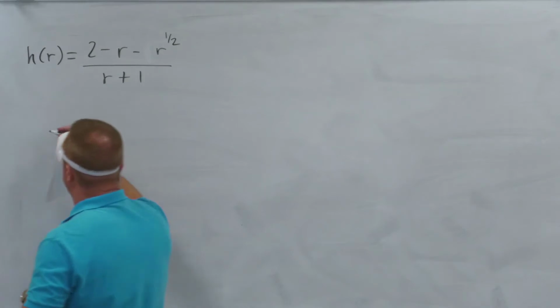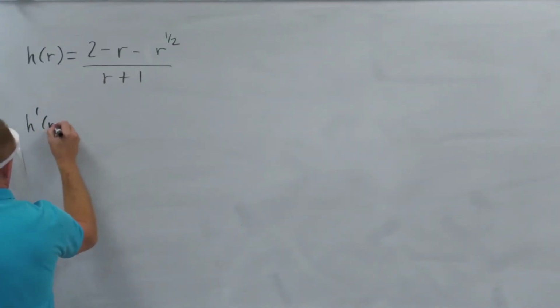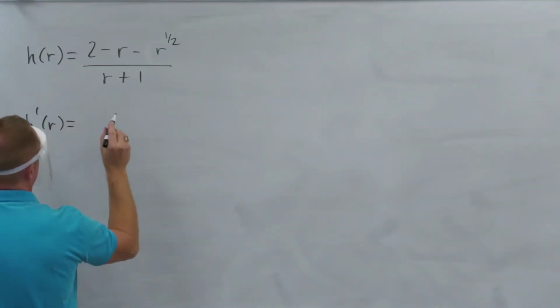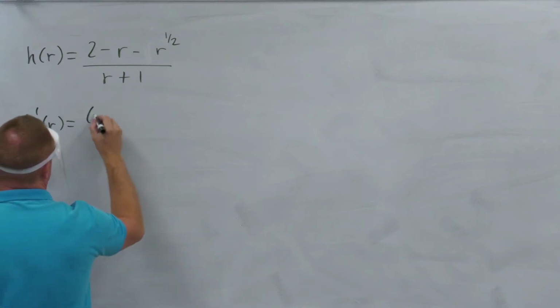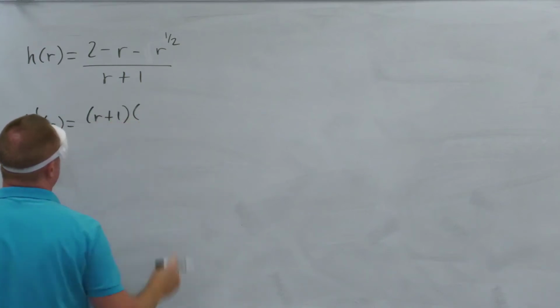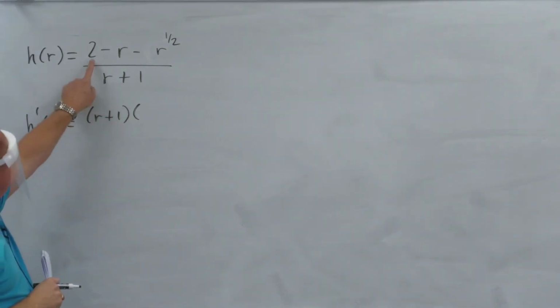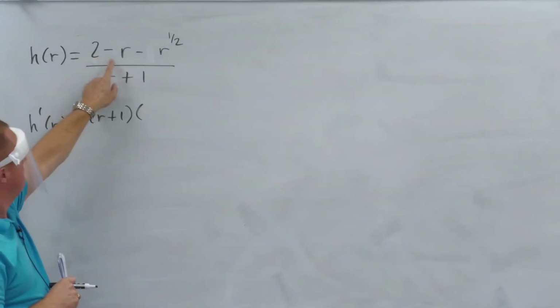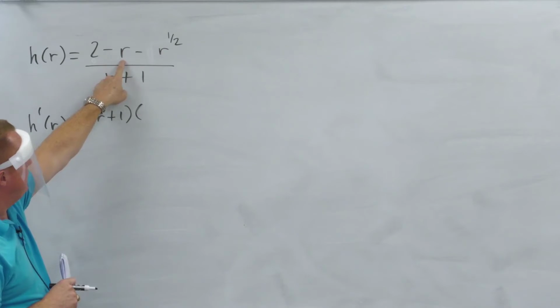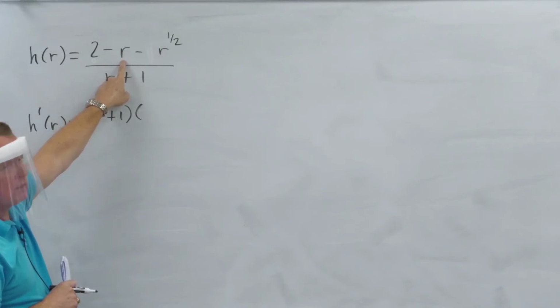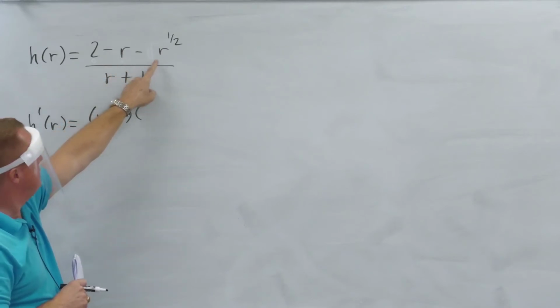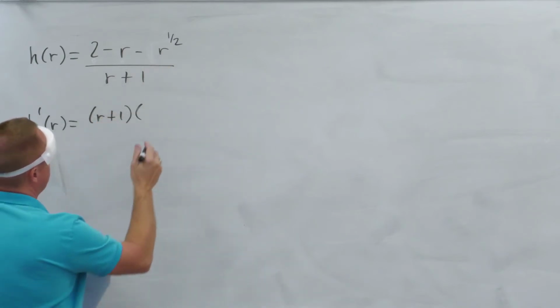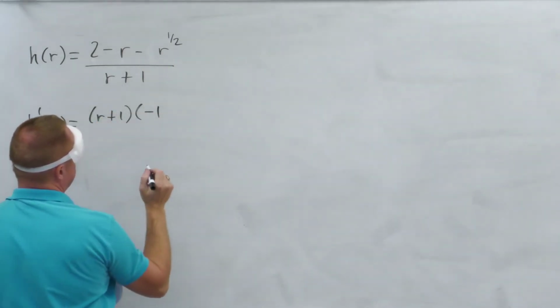Okay, so h prime of r will be bottom times derivative of the top. All right, so the derivative of the top, derivative of 2 would just be 0. Negative r, what's the derivative of that? Negative 1. And then negative r to the 1/2, what would that be?